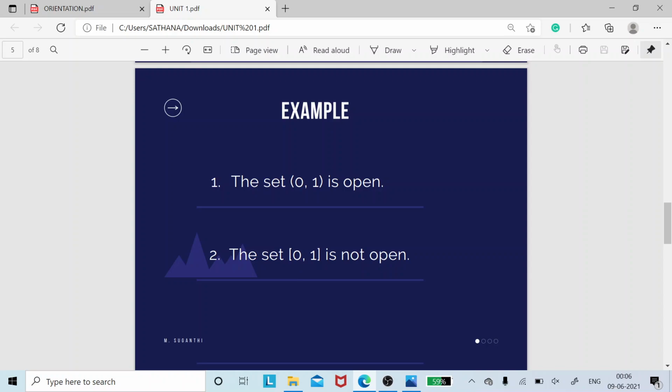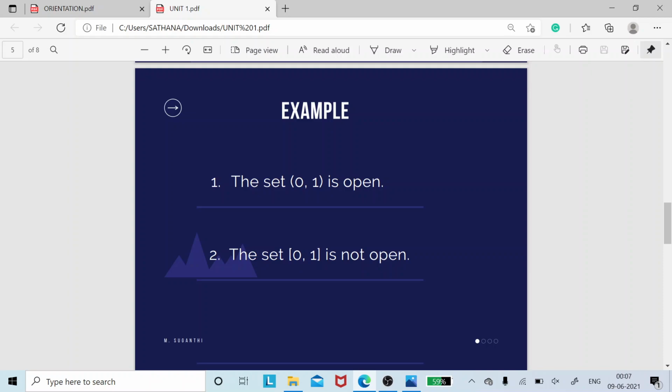Now consider the interval [0, 1]. When you have open brackets on both sides, we call the set a segment according to Rudin, and if you have box brackets, we call the set an interval. This notation is according to Rudin.